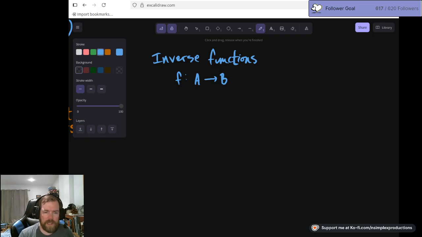Mapping the set A in some way, shape, or form, or a subset of set A, over to set B, and find those elements. Well, the inverse function is going to do just the opposite. We're going to start with set B and then map it over to set A.